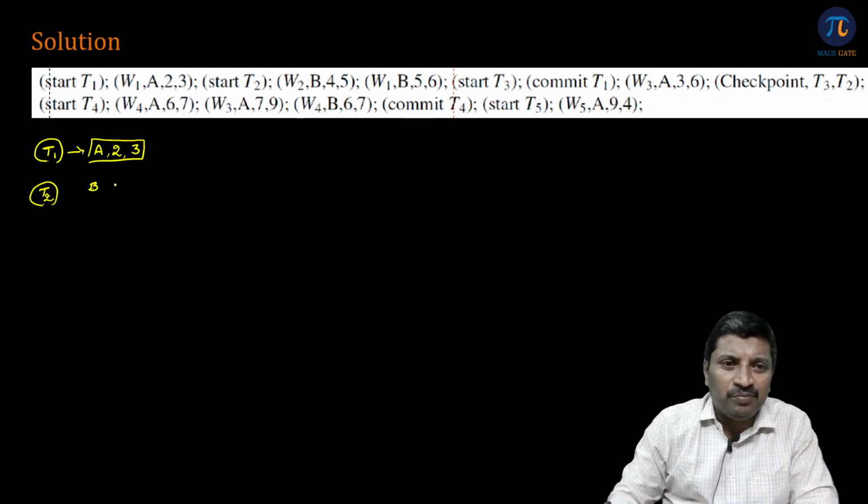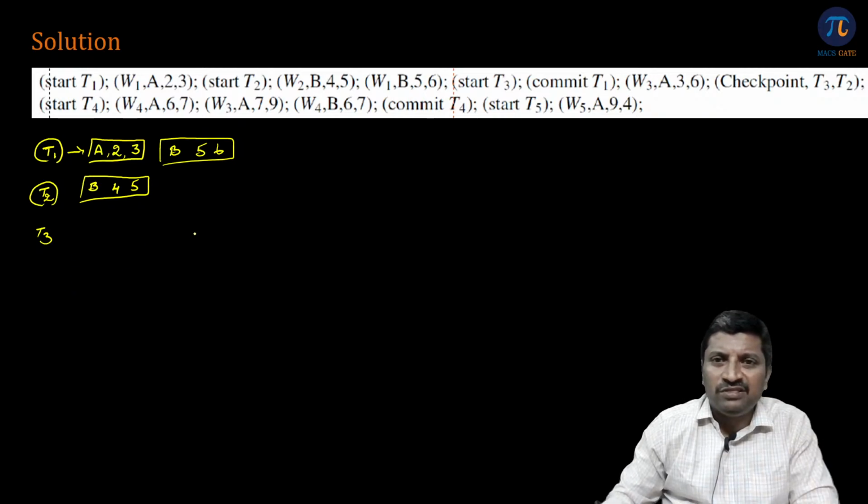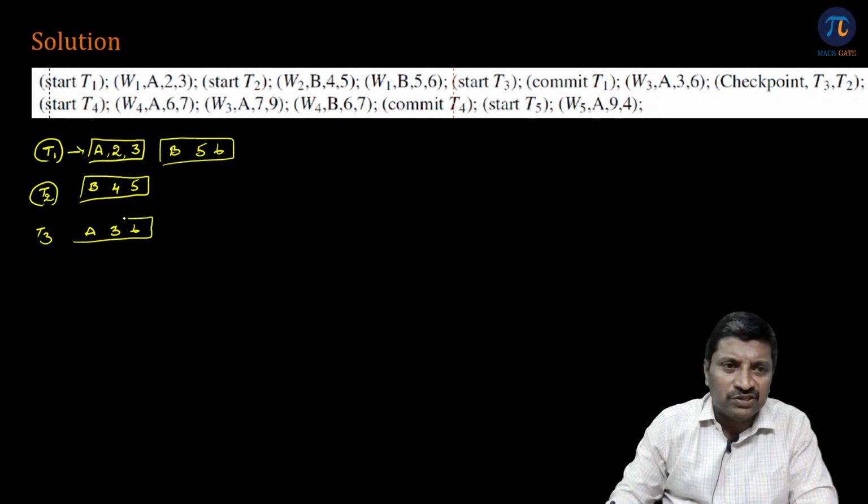It wrote B 4 to 5. T3 was started, sir. Then T1 wrote B 5 to 6. Then for T3, we have an operation A 3 to 6. Then there is a checkpoint.